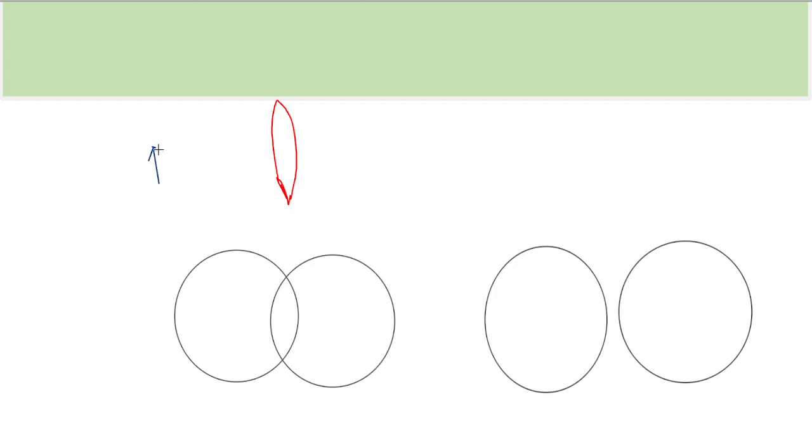Light from this object falls on the lens. Light falls on this part of the lens first. So that part of the lens where light falls first is called the first sphere. So for a biconvex lens, this would be the first sphere and this would be the second sphere.